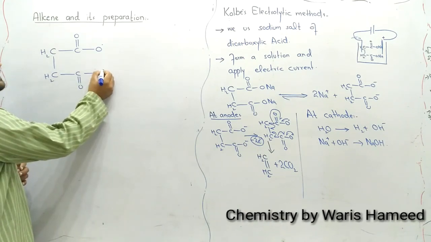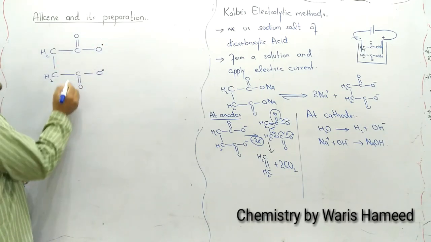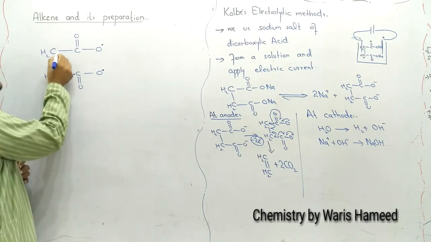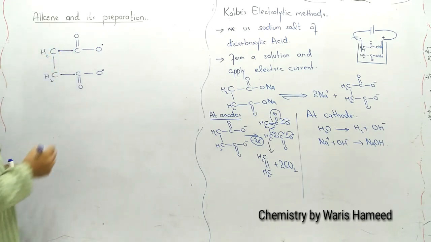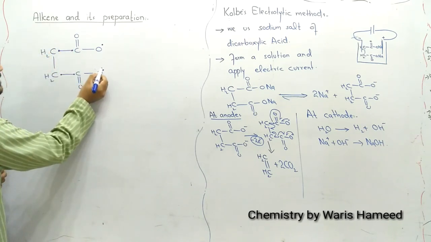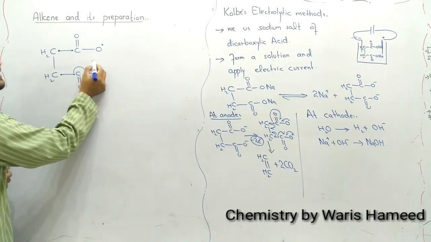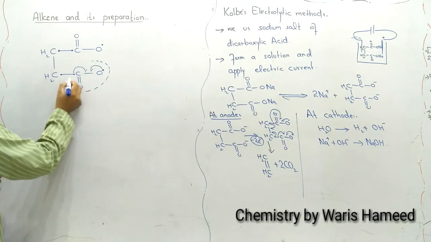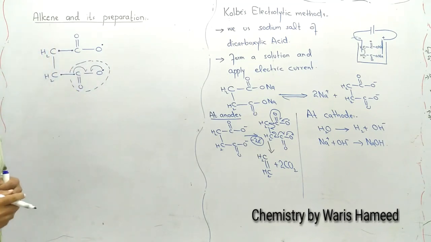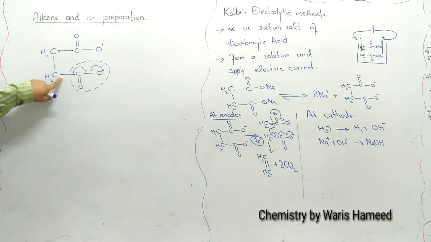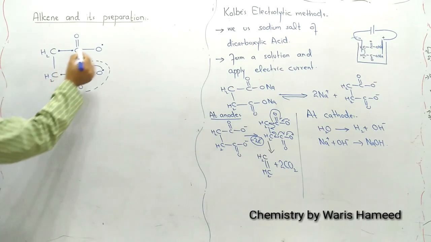Now this radical is reactive. Here are two electrons. Here are also two electrons. This electron will come toward here, and this electron will come toward here. This will form carbon dioxide. Here is the remaining one electron.